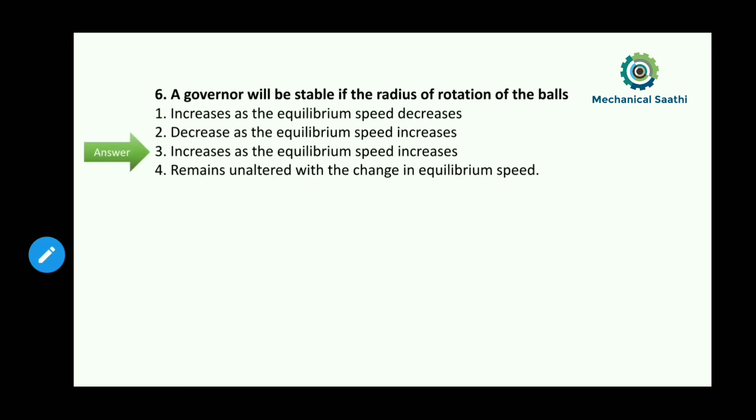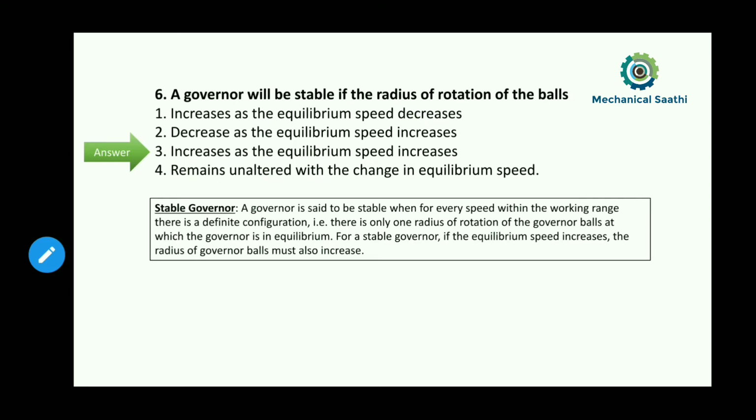Okay, so let us read some important notes over here, like what is the condition of stability. Already we know about that, and we have discussed it, and special cases like hunting, so let us try to read. Stability of governor: a governor is said to be stable when for every speed within the working range there is a definite configuration.